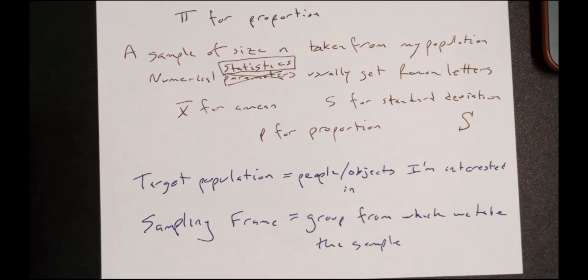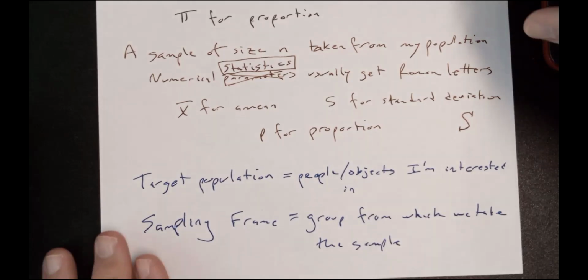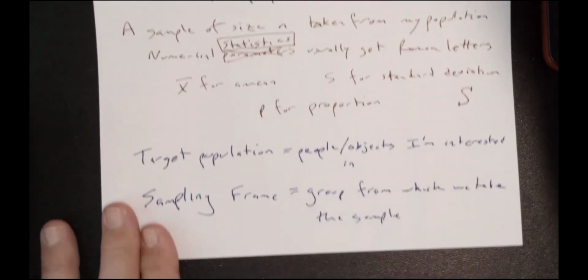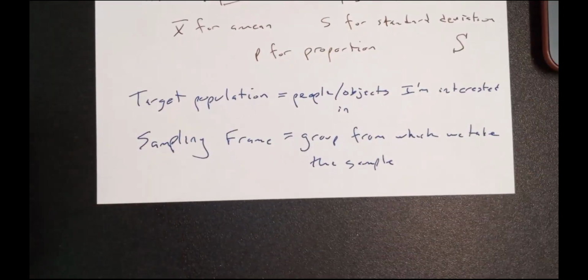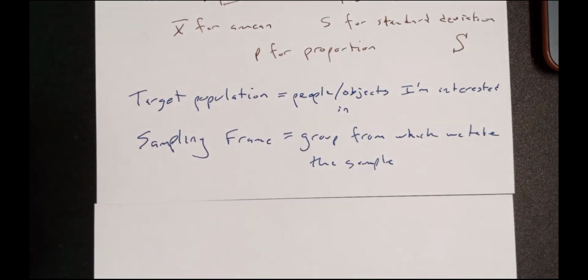And just a moment ago, I was using students at Seton Hill as my sampling frame for students at colleges and universities countrywide. Ideally, this should match my target population as closely as I can. I would like there to be very little variation between the type of individual in my sampling frame and the type of individuals in my population.